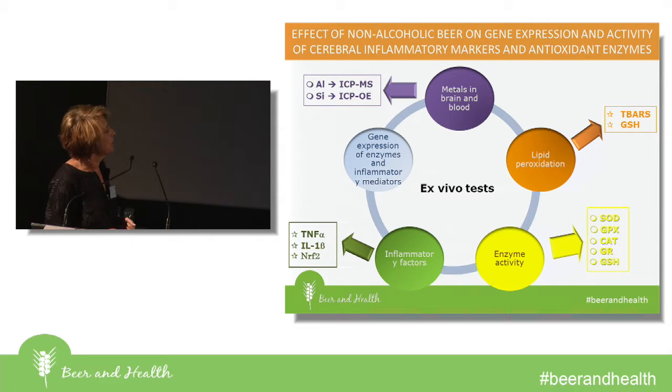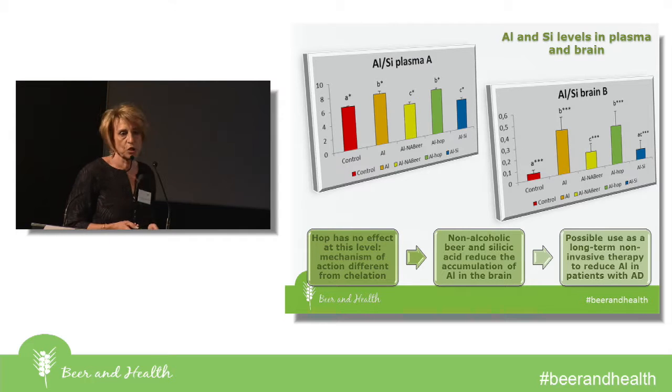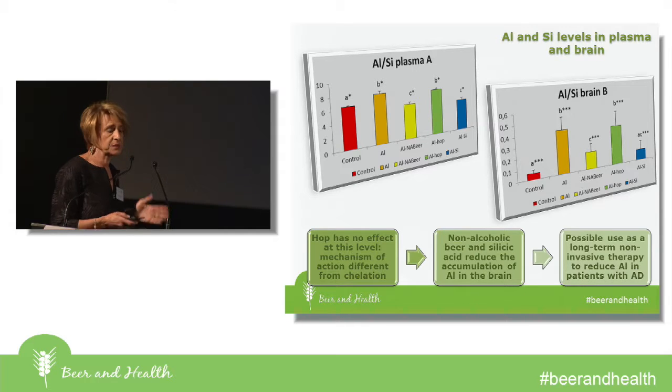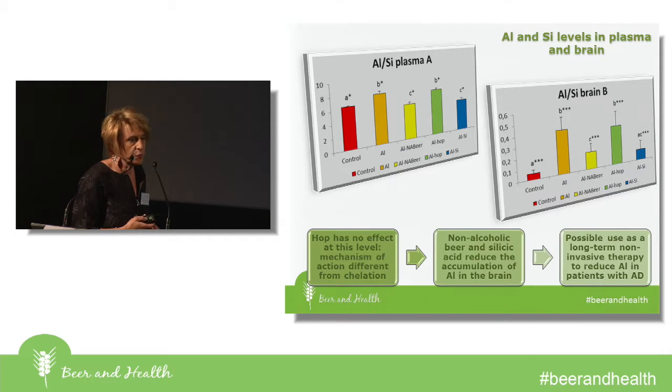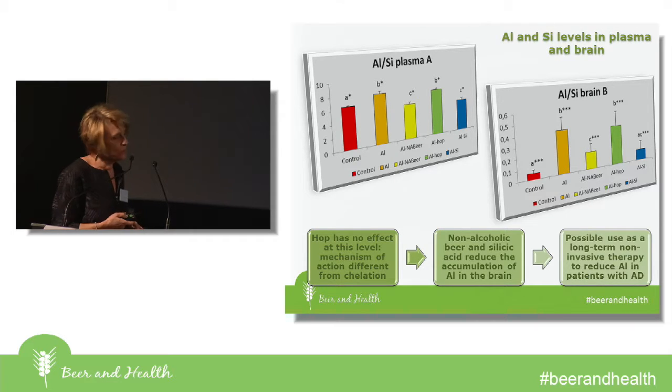The ex vivo tests were similar to those I have talked about before. The results were the following. First of all, we measured the concentrations of aluminum in plasma and in the brain. We could see that the concentrations were increased in the group of aluminum intoxicated animals, and they were reverted when they had intake of beer and silicone, not in the case of hops, and this indicates that the action mechanism of hops is different to that of silicone.